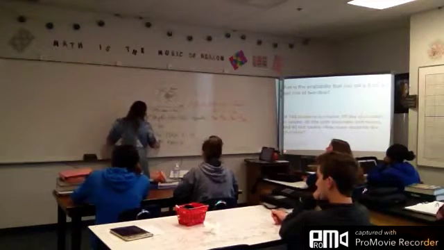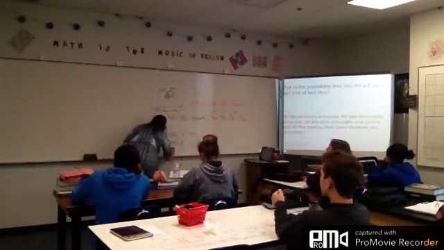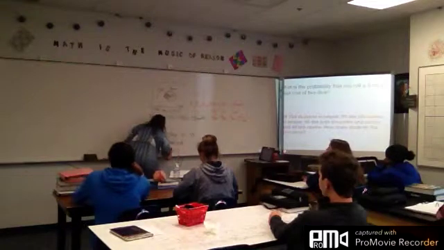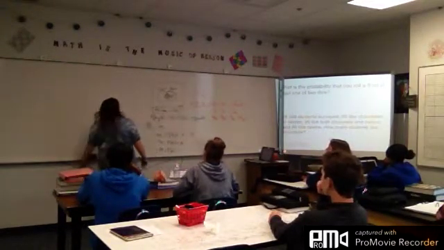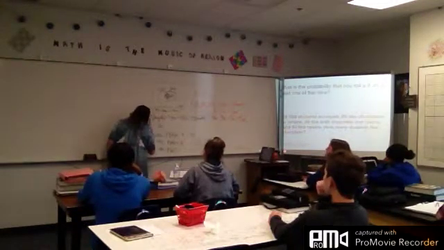Then subtract the 0.05 from the 0.95. So what would your probability of people that like chocolate come out to be? 0.90. So how many chocolate likers are there? 90 people.